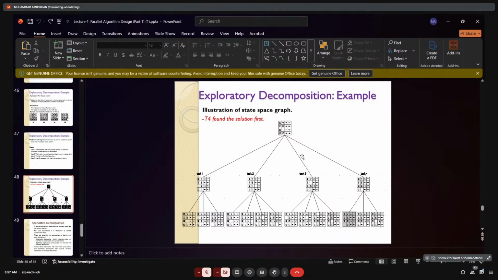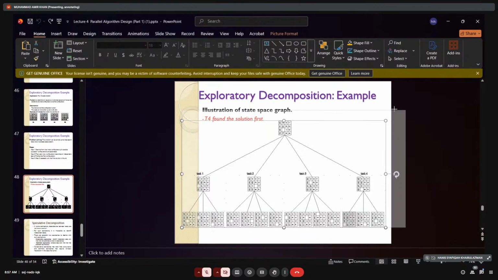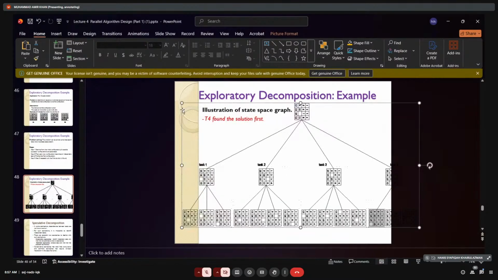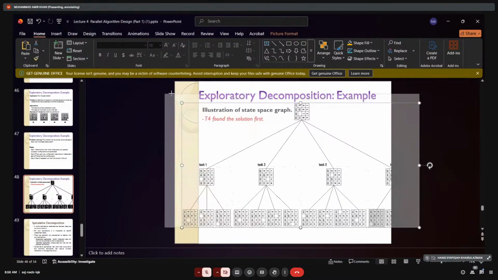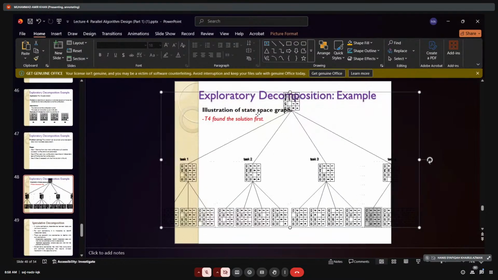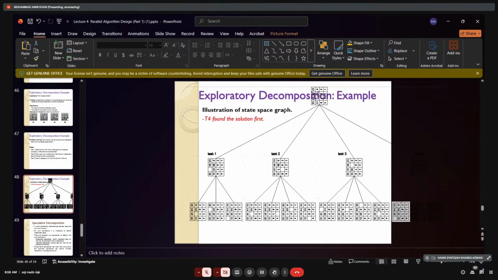T4, where is T4? Task 4 here. Which one will find the solution first?